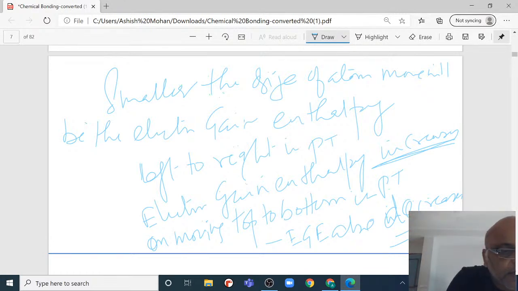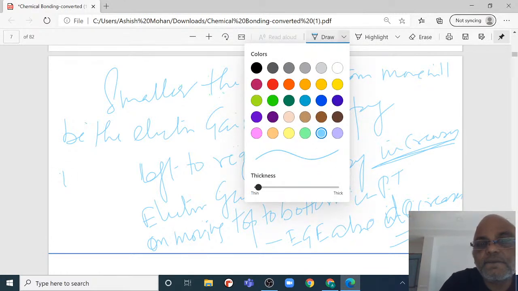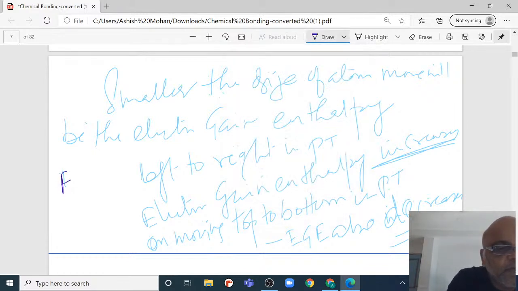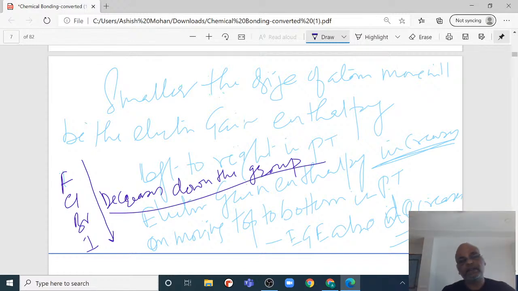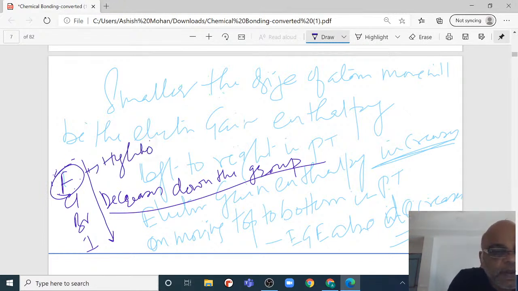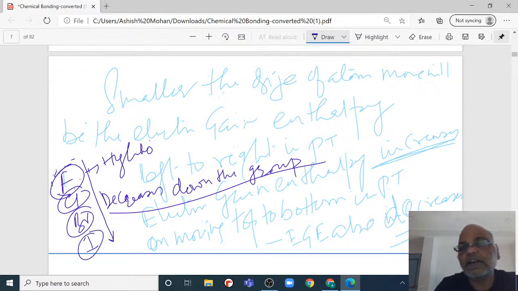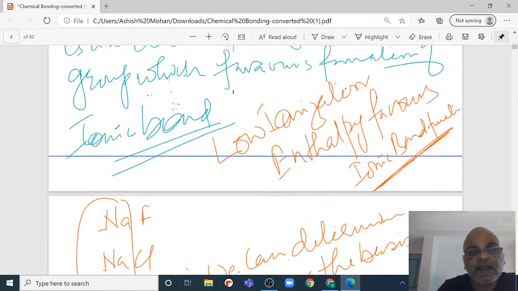So, what will be the trend? Fluoride, chloride, bromide, iodide. Electron gain enthalpy decreases. The highest electron gain enthalpy is for fluoride. Then what should be the trend of ionic character among these?